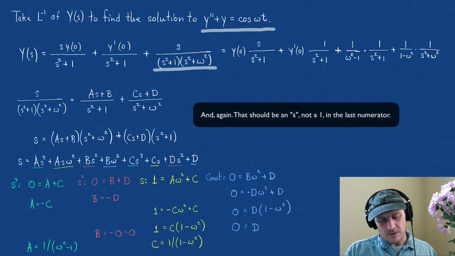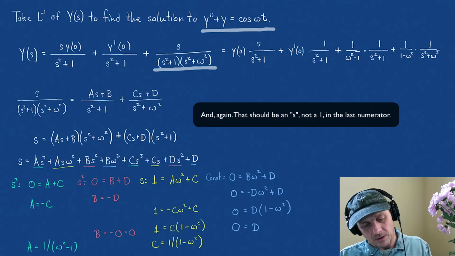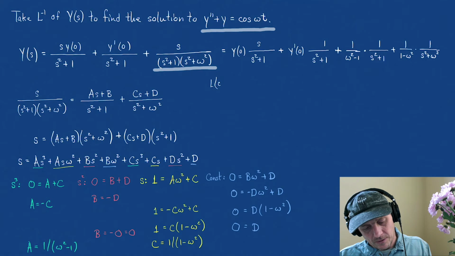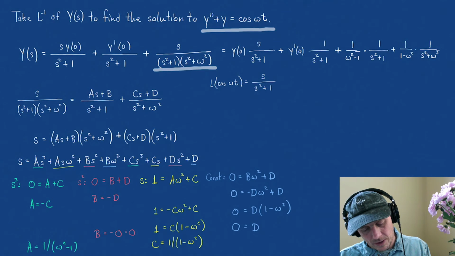When I take the inverse Laplace transform, what I need to recall is this. We said that the Laplace transform of the cosine of omega t is s over s squared plus 1, or I'm sorry, s squared plus omega squared.